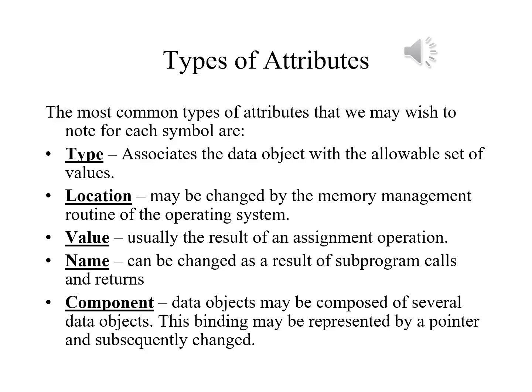A value, usually assigned as the result of an assignment statement. Name, which can be changed as a result of subprogram calls and returns. And components. Data objects may be composed of several different data objects. This binding may be represented by a pointer and subsequently changed.